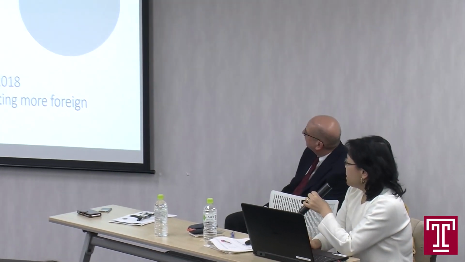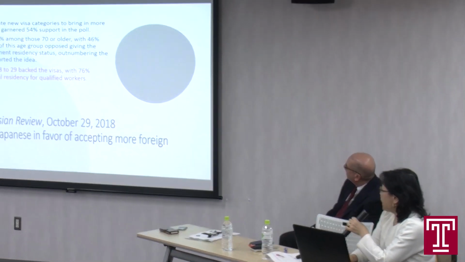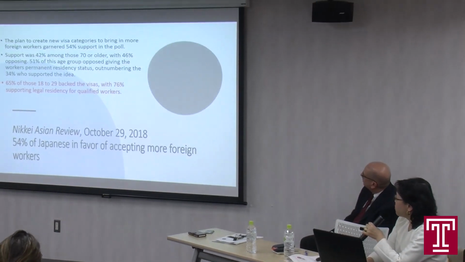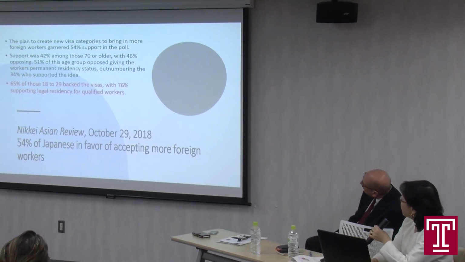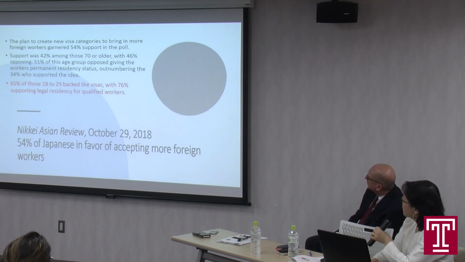And talking about immigration, recently there was a poll conducted by Nikkei Asian Review asking whether or not you approve of having more foreign workers, and 54% of Japanese are in favor of it. But there is a gender gap, and there is a generation gap. 65% of those 18 to 29 backed the visas, with 76% supporting legal residency for qualified workers.